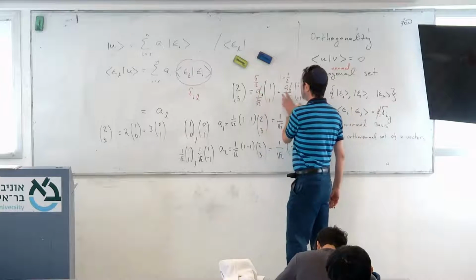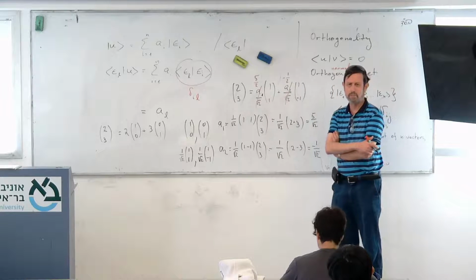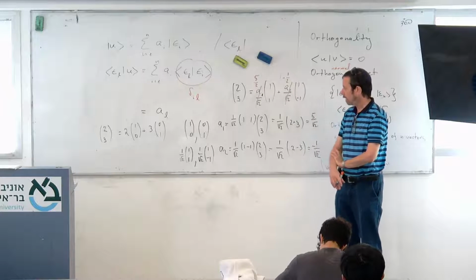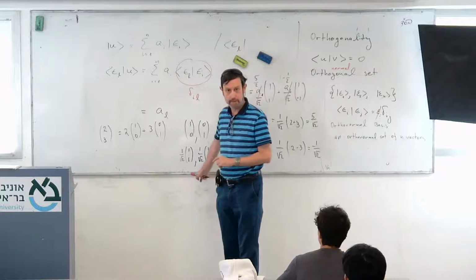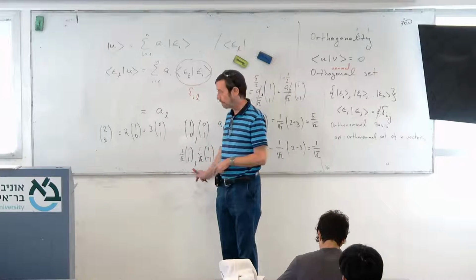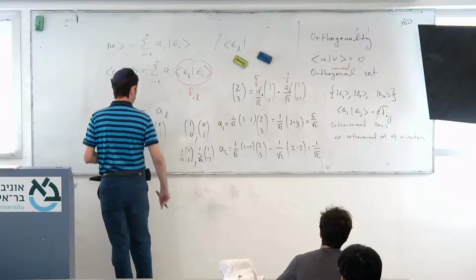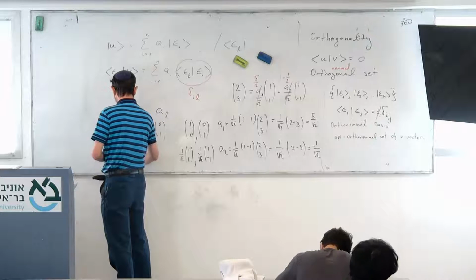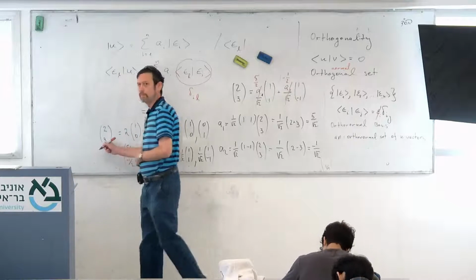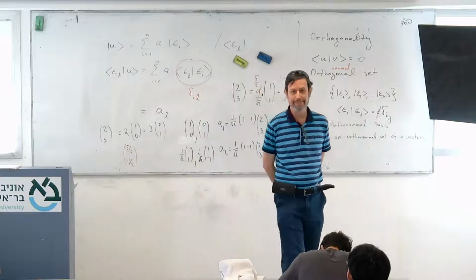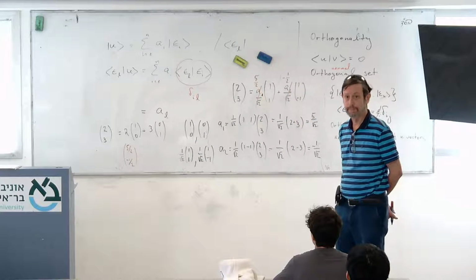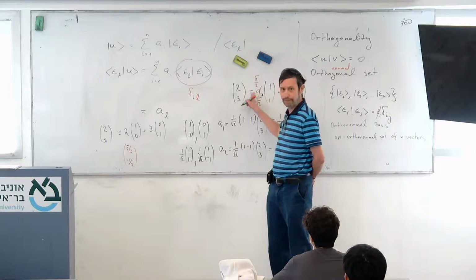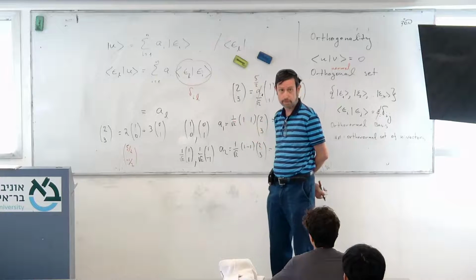Now I can come and say, you know what, this notation is too hard for me. I have to write this whole thing. I can say that if this is the basis, this is the way to write the vector in the space. Why? Because I will just write down a1 and a2 as a vector.